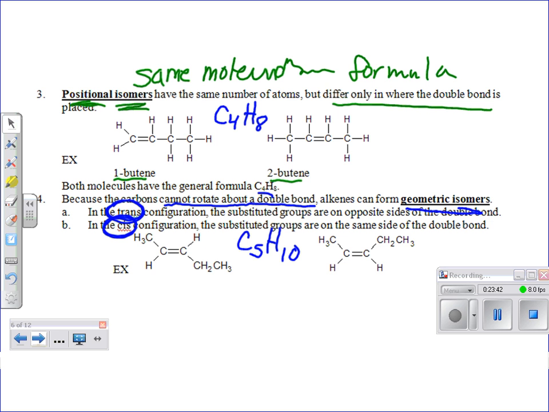But in naming this first one here, since there's 5 carbons, it's going to be a pentene. Our second carbon is where we first see our double bond. Notice we put it on the second, not the third. I'm going to start numbering from here, and it's the second, not the third. So you get a 2-pentene.